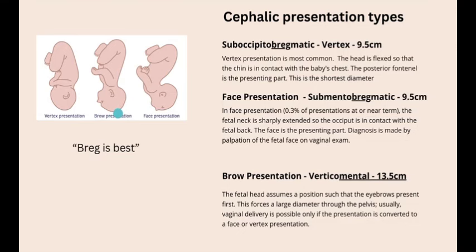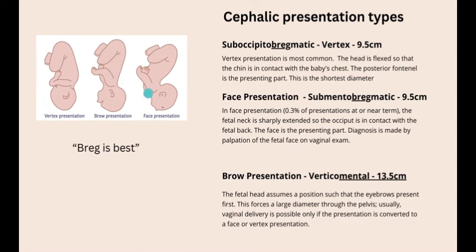Now, the brow presentation is when the brows here are the first thing that present. This is actually the most difficult to deliver because the diameter across is 13.5 centimeters, whereas both of these have an actual smaller diameter of the head moving through the birth canal, or through the cervix, out of the uterus, I should say.